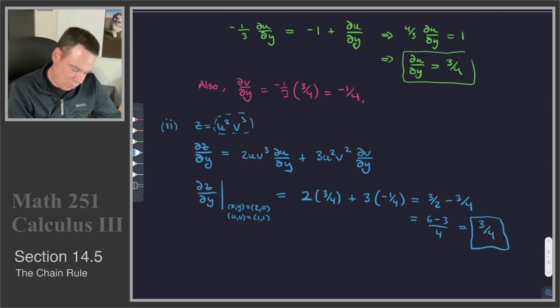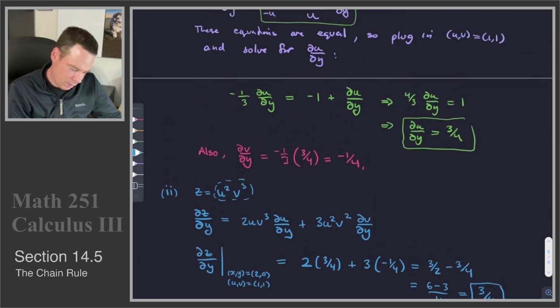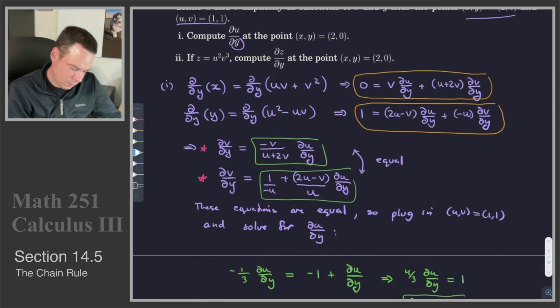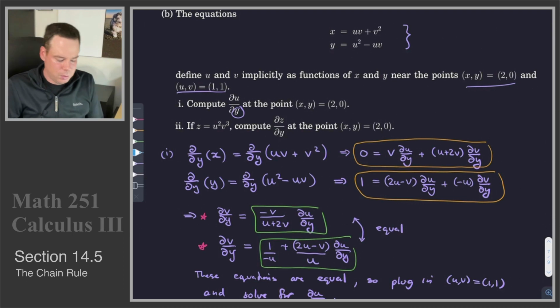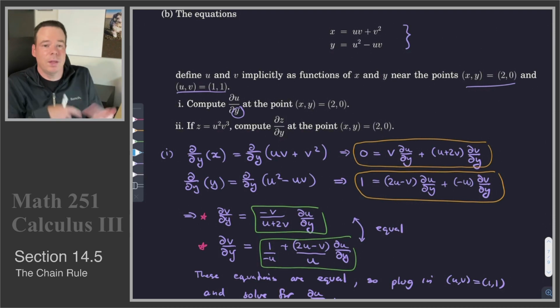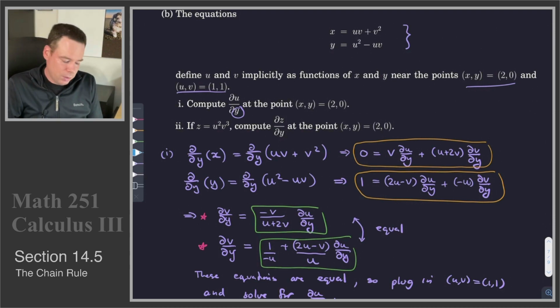So you notice there's a few things that were going on here, because x's and y's were functions of u's and v's, but we were thinking of the reverse relationship, that u and v are actually implicit functions of x and y. When we did the derivatives, we got a system of linear equations.